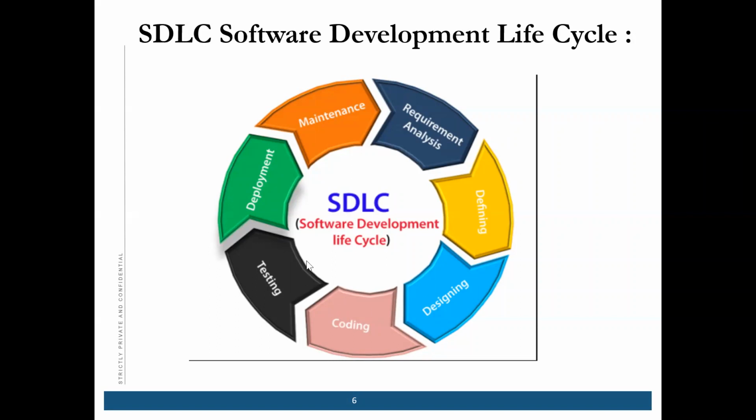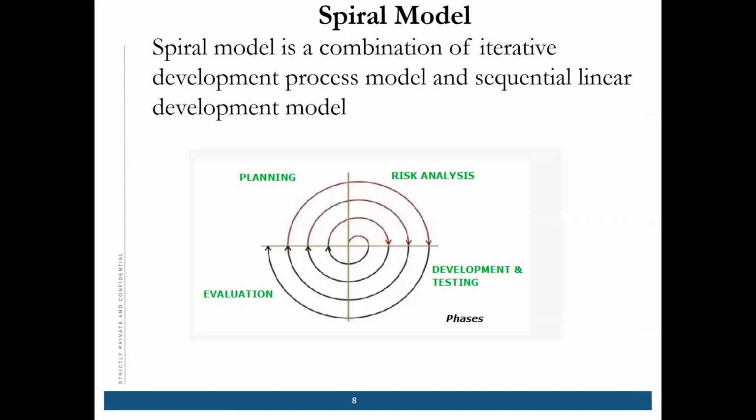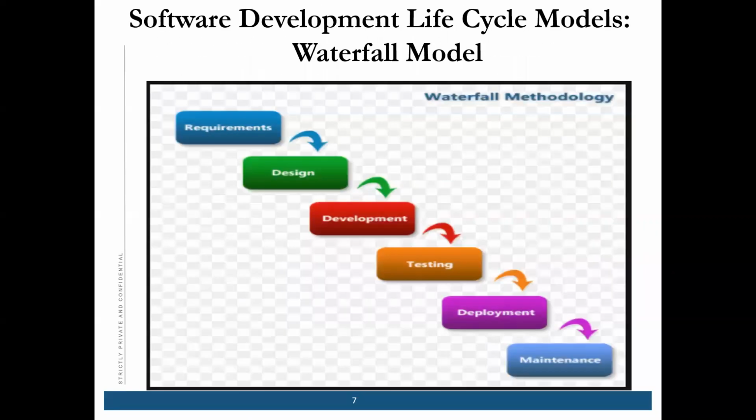Now this is all about the SDLC phases. These phases can be used in different ways, with different methodologies like the waterfall model, spiral model, and V model. These are the models we are going to cover today. Anyone knows about the waterfall model?